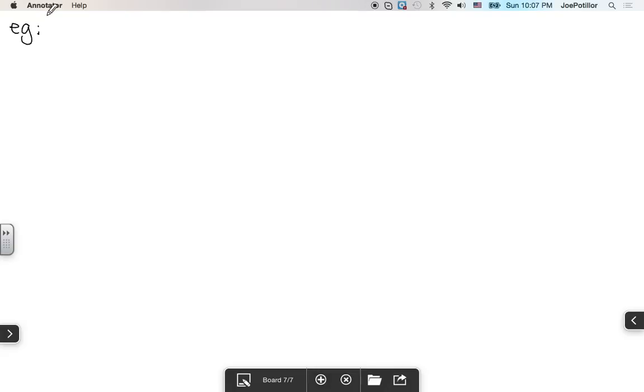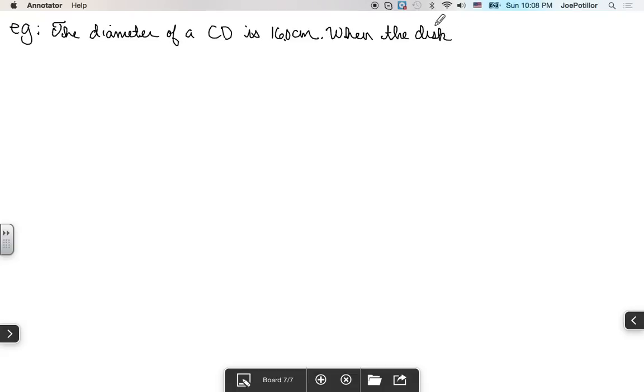So we have the diameter of a CD, we'll make it a different number from what's in the book, 16.0 centimeters. When the disc spins at say 720 RPM.